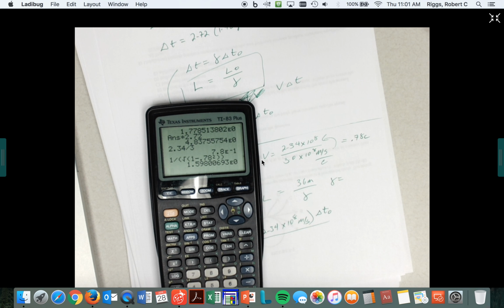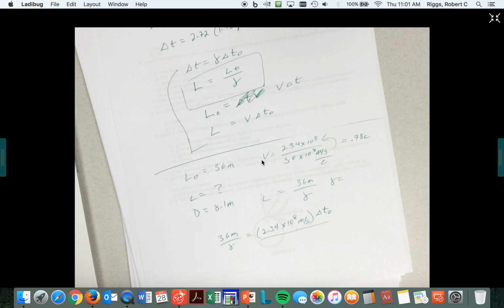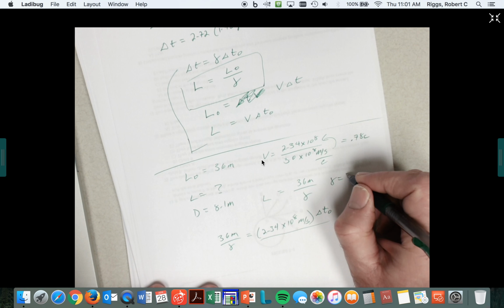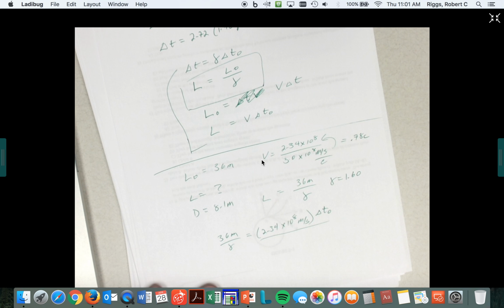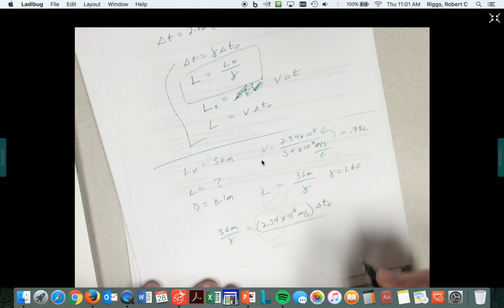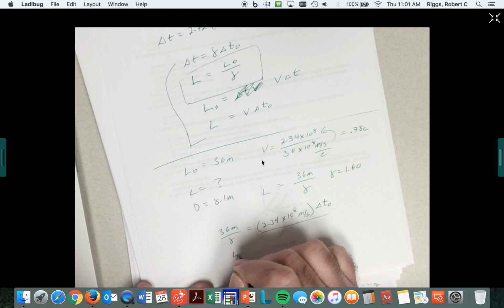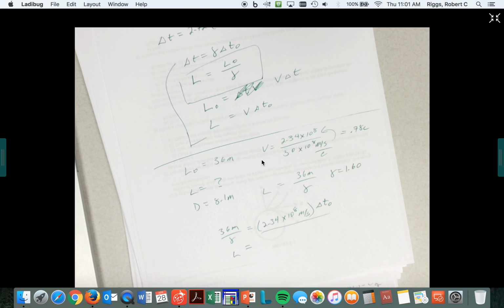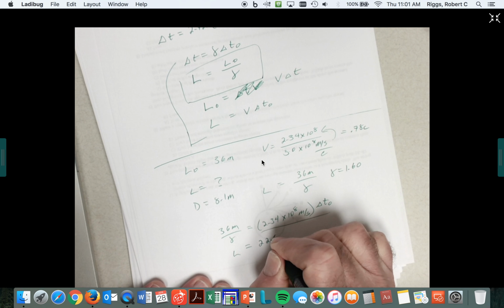Since it's 1.598, let's go with 3 sig figs. Let's go with 1.60. So gamma was equal to 1.60. Okay. So the contracted length then, L, is equal to 36 divided by the answer there, which is 22.5 meters.